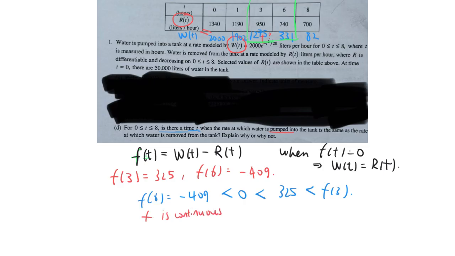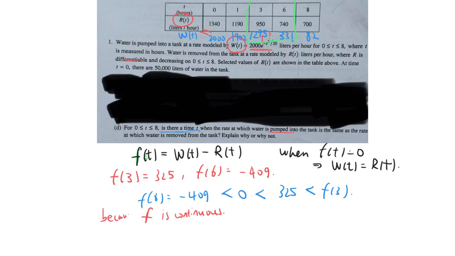As covered, we know that a difference of continuous functions is continuous, and we know that w is continuous here, and r is differentiable, and later we would know that this means continuous. So f is continuous because it's a difference of two continuous functions. So this we have shown.